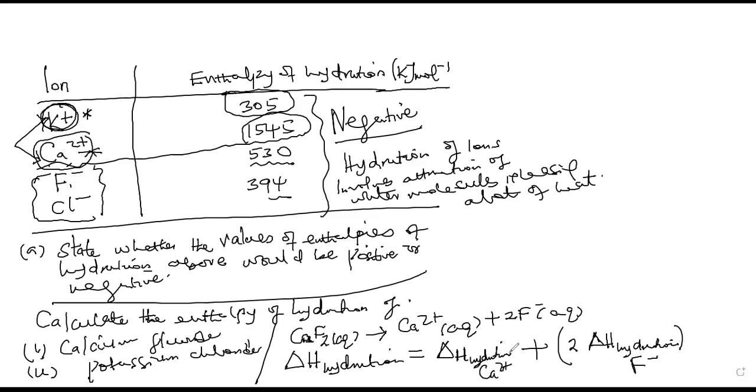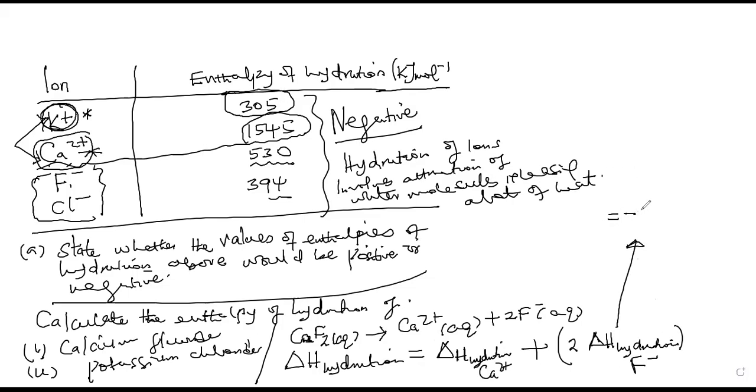Here, for calcium we have 1545, but remember, these values must be used as negative, though they were given as positive.